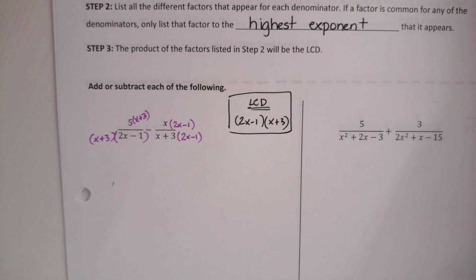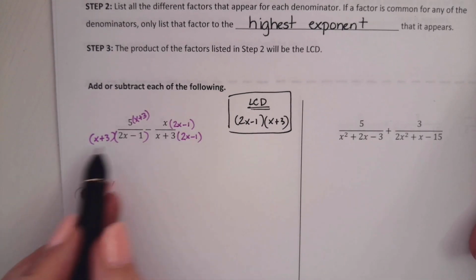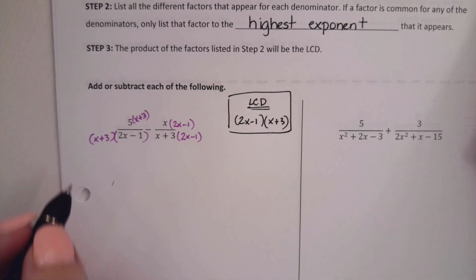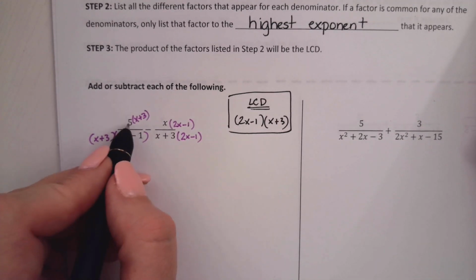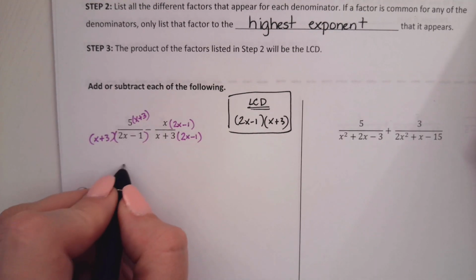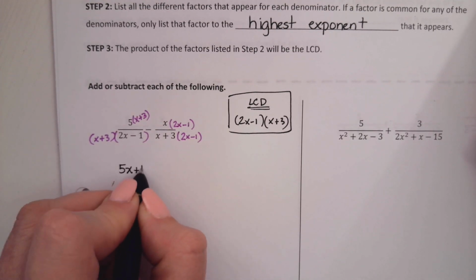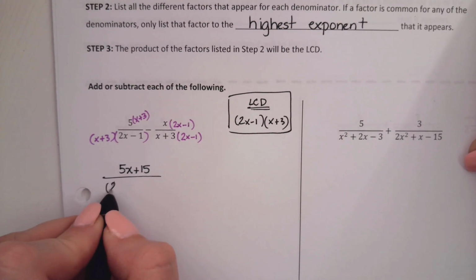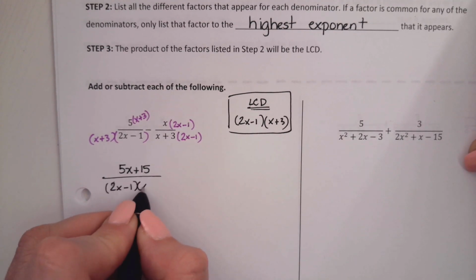All right. For the numerators, we do want to simplify them a little bit, but you don't have to FOIL out your LCD unless you just really enjoy foiling. For my new numerator on the first fraction, it's going to be 5x plus 15. And then my denominator now should match the LCD, which is 2x minus 1, x plus 3.